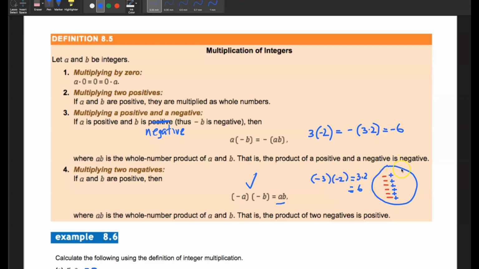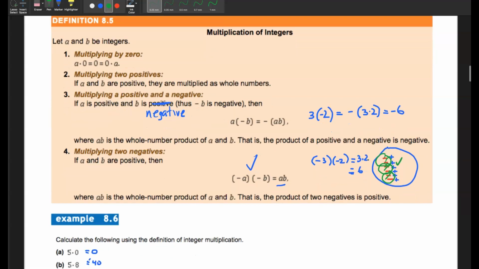What you see in this diagram is 0, with 6 negatives and 6 positives. If we take away 3 groups of negative 2, get rid of them, you're left with what's left over, positive 6. So that motivates us to have that definition.